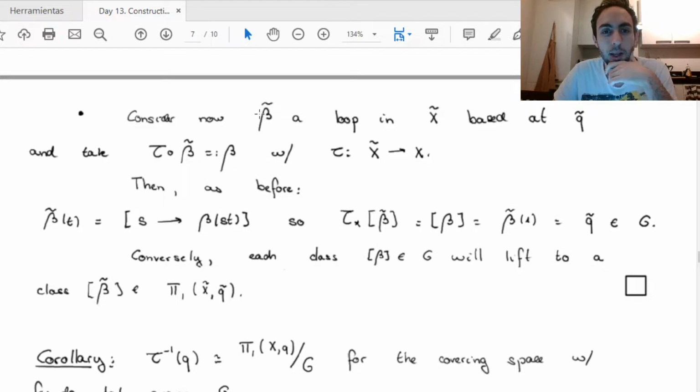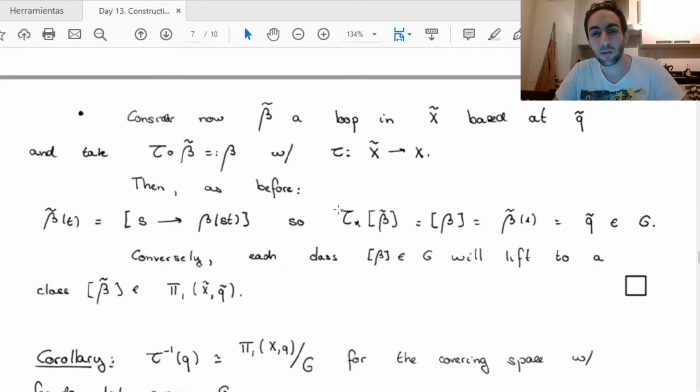I take any beta tilde in X tilde, based at Q tilde, and this is a loop in our covering space, and I project it down to a loop in the base. And now, just as we reasoned for the universal cover, what we see is that beta tilde is the same as the loop that goes from Q to beta of t, essentially.